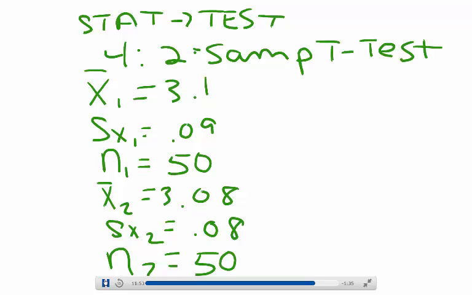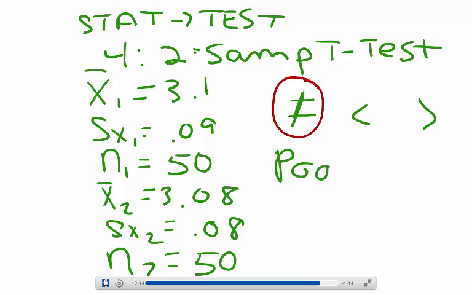Once you enter these values, you'll be asked to select either a not equals to, a less than, or a greater than test. Because we're looking to see whether there's a significant difference, we want the not equals to or two-tailed test. You'll be asked whether to select pooled or not pooled, and you want to select 0 for this. We do not wish to have a pooled test.